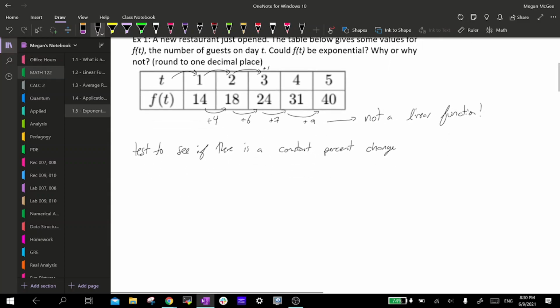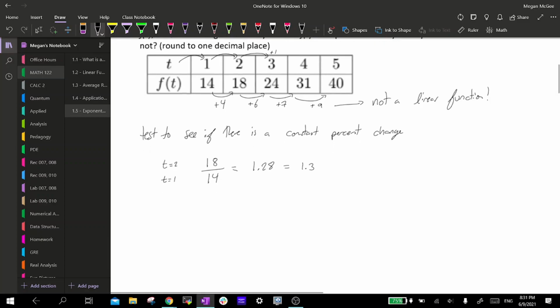Alright, so how we do that is for between the first two values, we're actually going to take 18 and divide it by 14. So up here we have t is equal to 2 divided by t is equal to 1, right? So this gives us about 1.28, and our question asks us to round to 1 decimal place, so we're going to say that's 1.3. Alright, so we have to check it again.